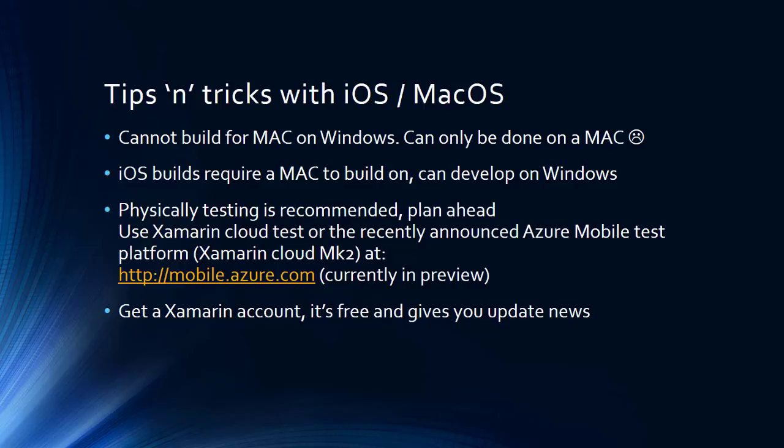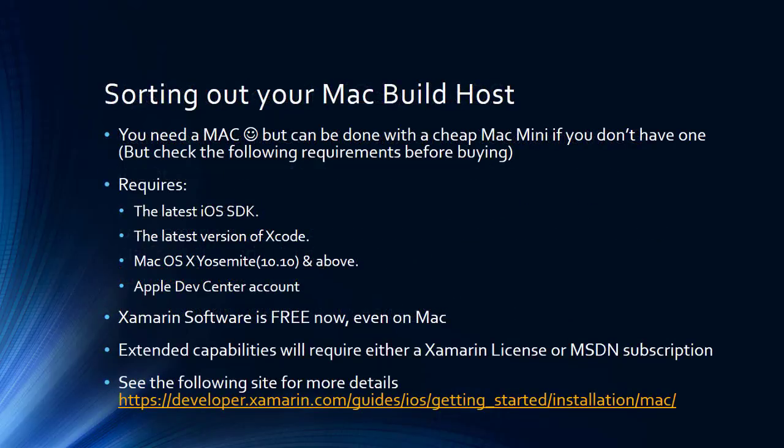Again, the Xamarin Cloud and also this new Azure mobile test platform have all the tests built in there. You build it, you deploy it to it, and then it physically tests it on a load of devices for you, and gives you run-by-run stats. If you've not looked at it before, go and look at it. And I said you need a Xamarin Account. It's not mandatory, but I get it. It just doesn't cost you anything.